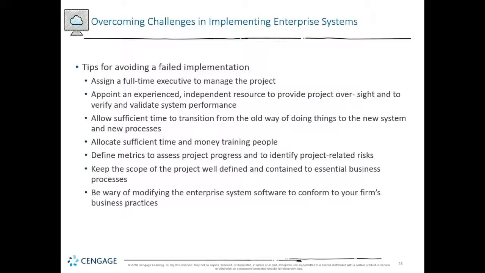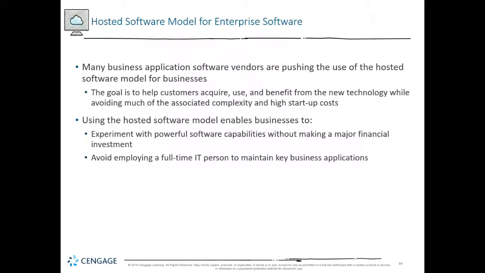Allow sufficient time to transition from the old way of doing things to the new system and new processes. Allocate sufficient time and money for training people. Define metrics to assess project progress and identify project-related tasks. Keep the scope of the project well defined and contained to essential processes. Be wary of modifying the enterprise system software to conform with your existing business practices.